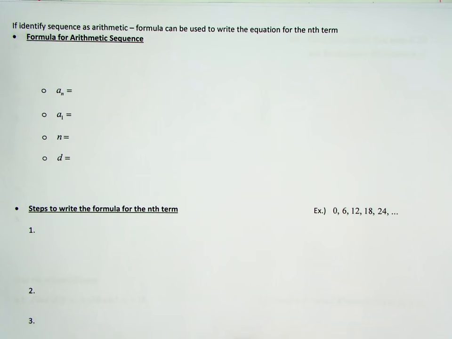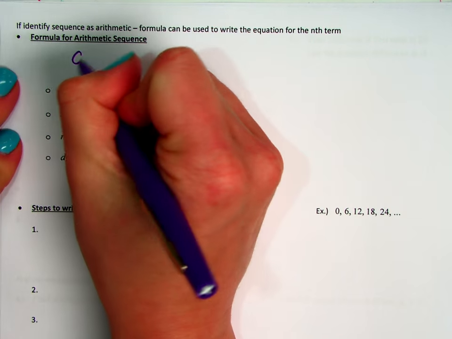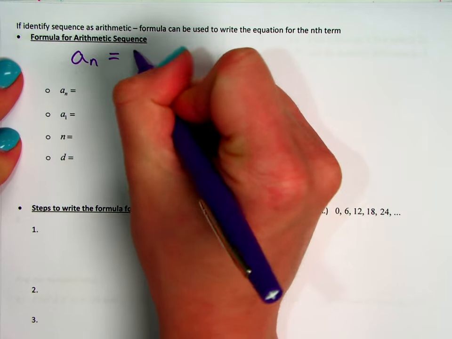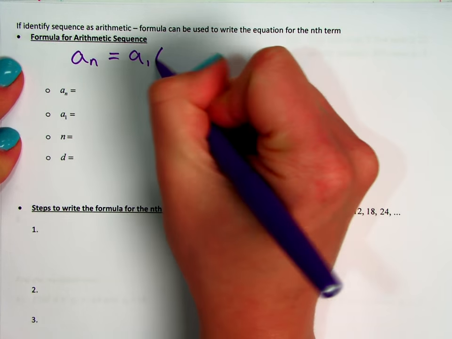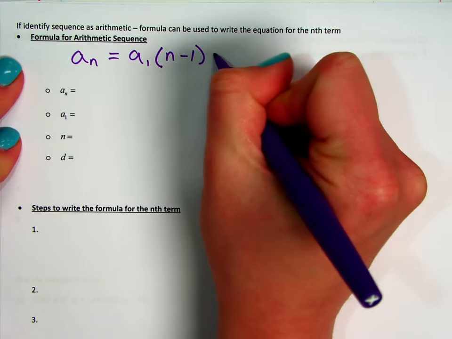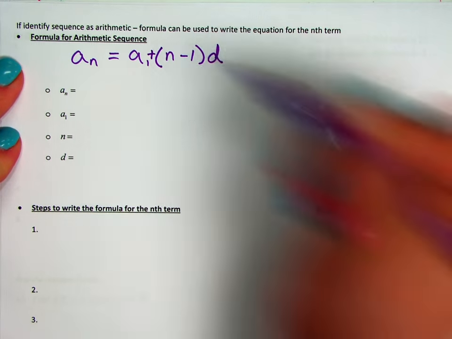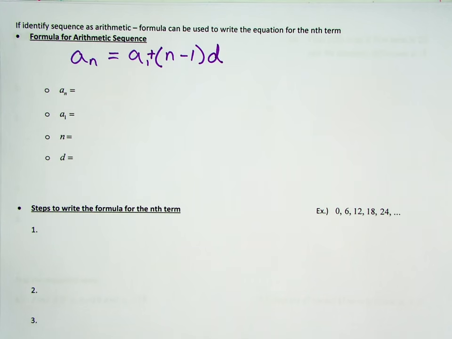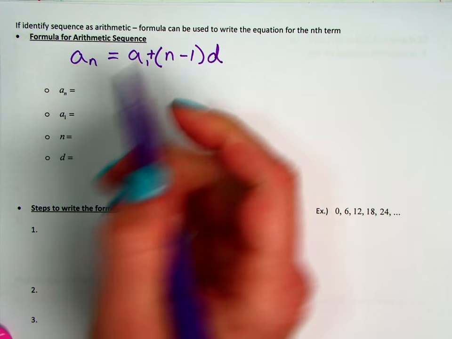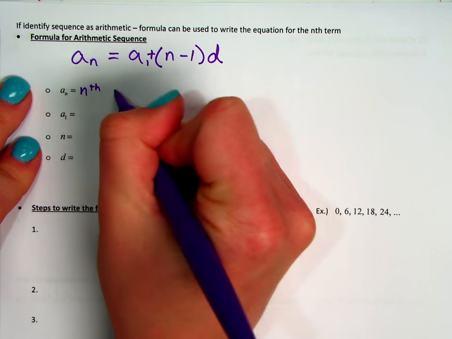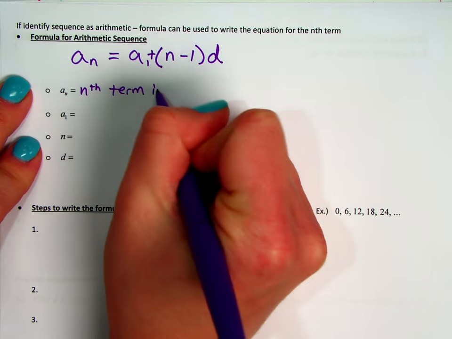So when we're looking at an arithmetic sequence, there are formulas that we can use to help us identify pieces of it, or to solve it, or to write an equation for it. The formula for an arithmetic sequence is a sub n equals a sub 1 plus the quantity n minus 1 times d, where a sub n is the nth term in a sequence.